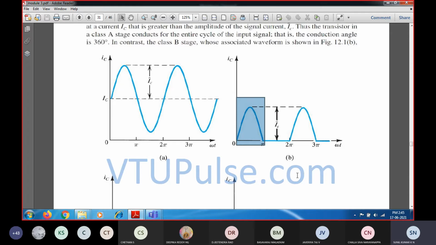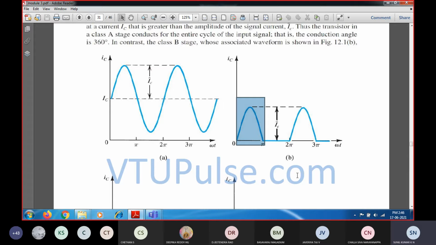So this is about the class B. The Q point is located at the cutoff region, so the output signal varies only for one half of the cycle of the input. For one cycle of input, the output has only one half of the cycle.